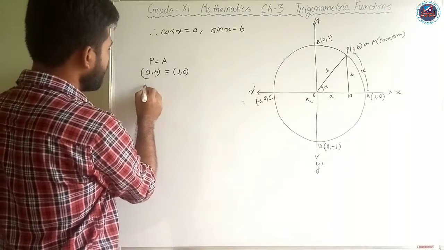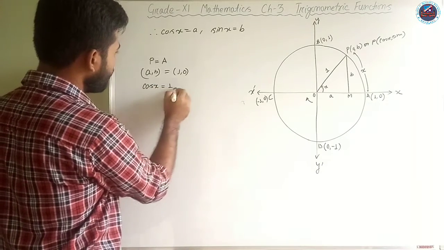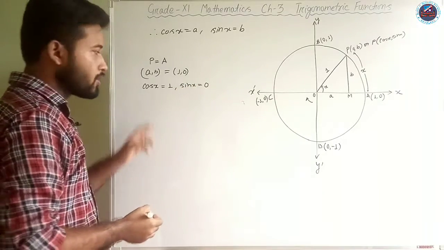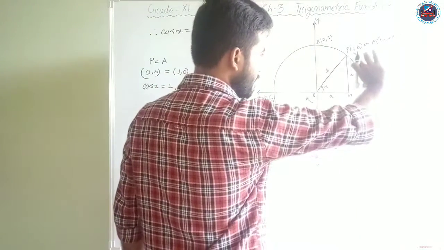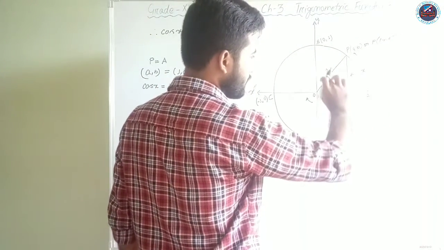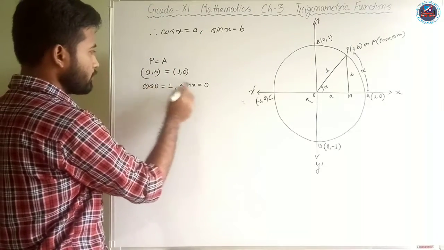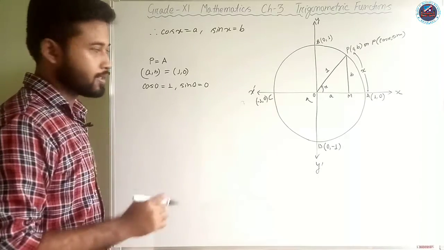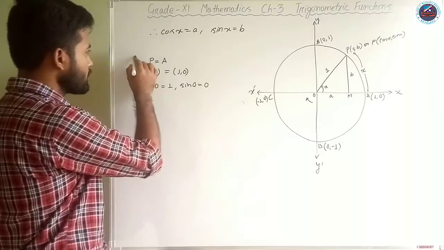Cos x will be equal to 1 and sin x is equal to 0. At this point x is becoming 0, isn't it? That is, the angle will be 0 now. So in place of x I need to write 0. That is, cos 0 is equal to 1 and sin 0 is equal to 0. So from there we get the values.